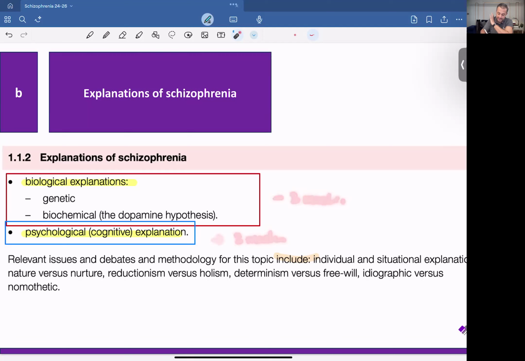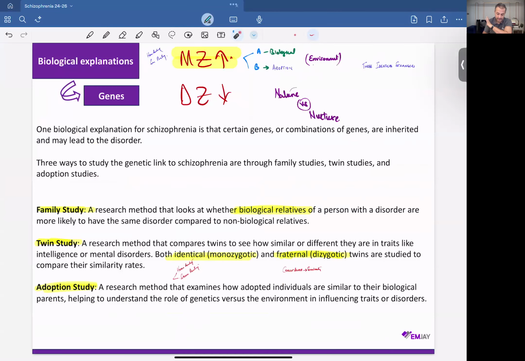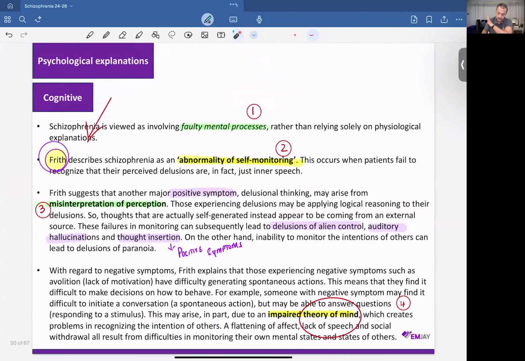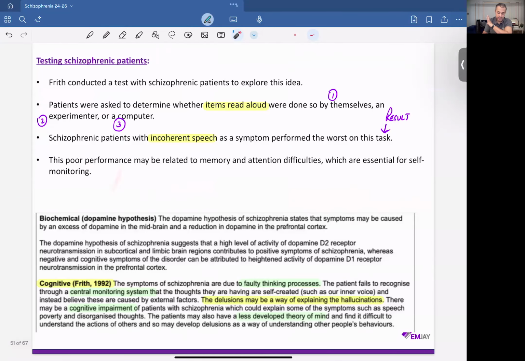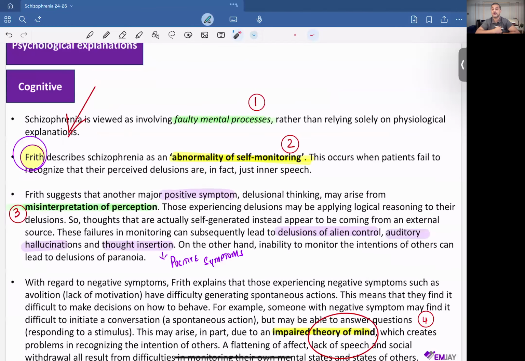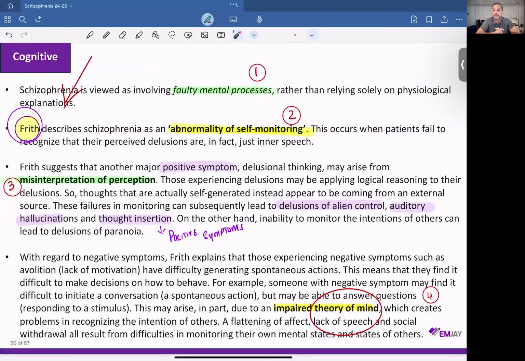If you're getting a 6-mark question straight that says describe the psychological, cognitive, explanation of schizophrenia, I think you have ample content from here all the way till here to answer it. For any descriptive 6-mark question, you have 9 minutes in total.